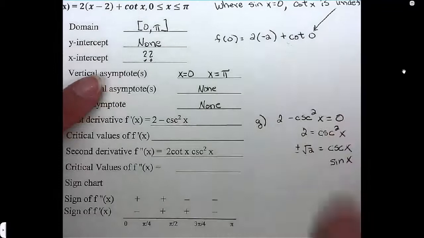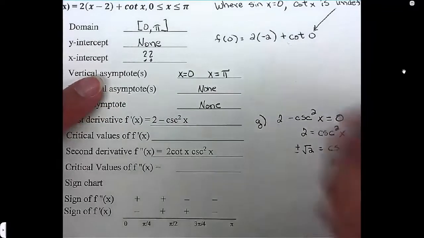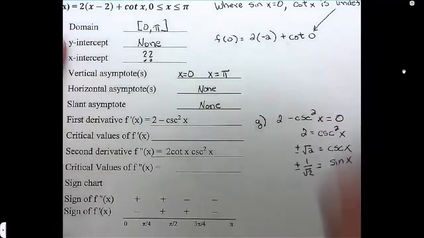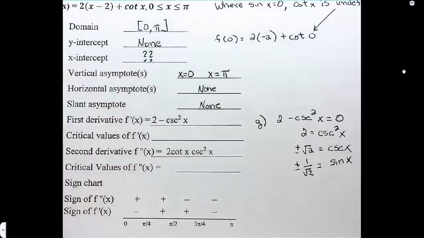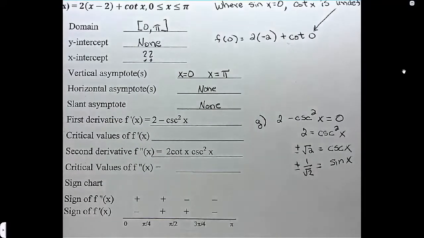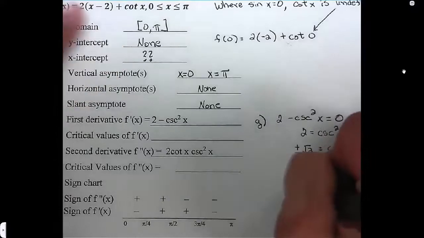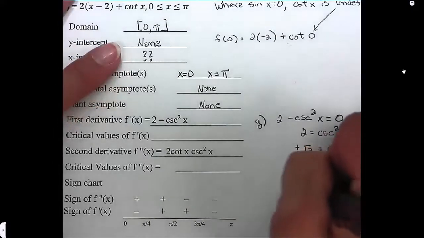If cosecant is square root of 2, then sine is 1 over square root of 2. And at first, I don't recognize that as anything I have memorized on the unit circle. I could certainly punch it on the calculator using arc sine. But then I realize if I rationalize that denominator, it's plus or minus square root of 2 over 2.